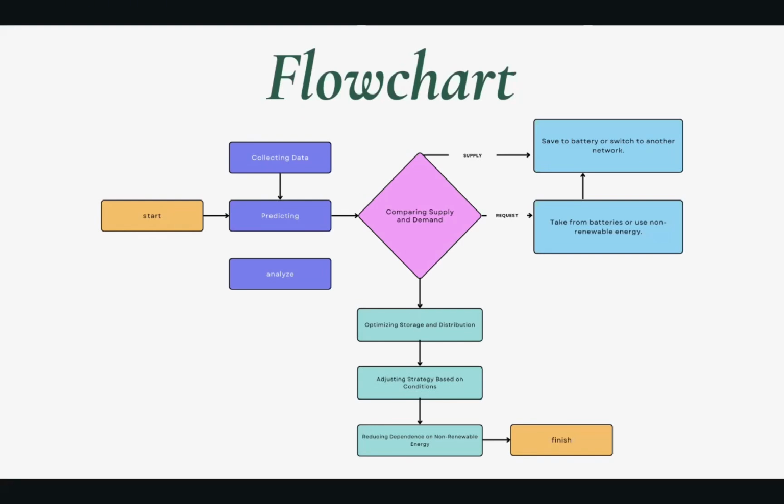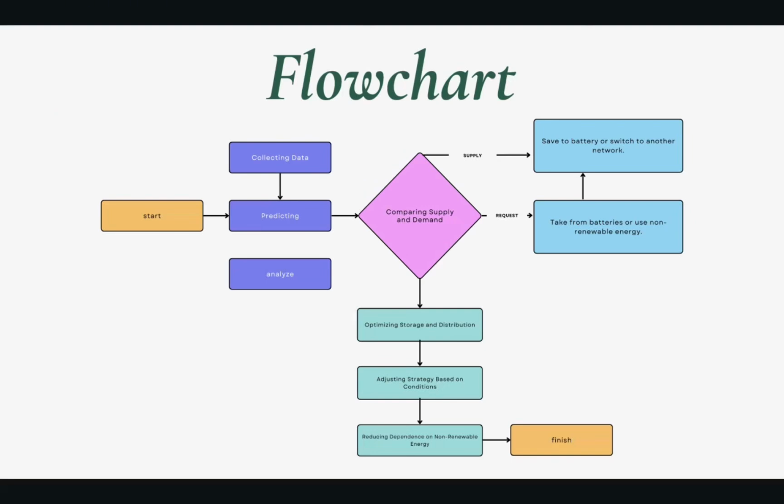And then after predictions are made, we analyze the data to identify potential supply-demand gaps and determine the best course of action. Next, at this decision point, we compare the predicted energy supply with the expected demand, and based on the result, we can take different actions.